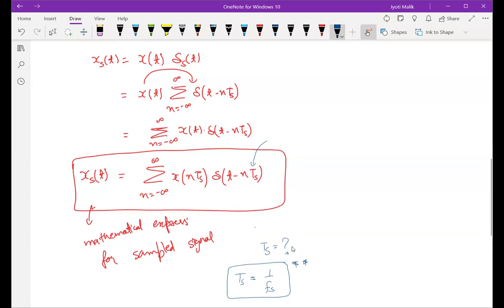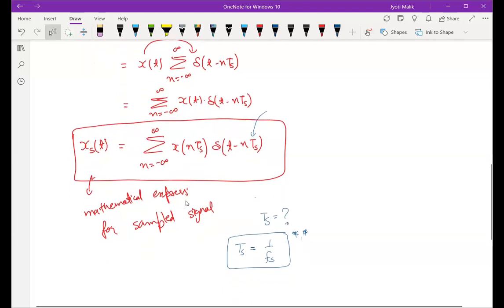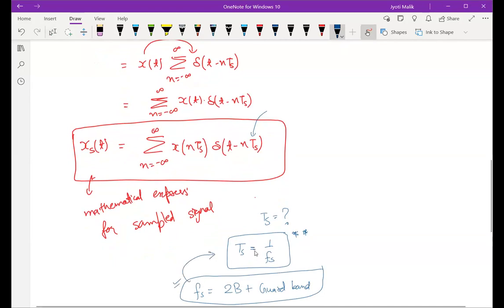That was the minimum value, but the actual value was fs equal to 2 times the bandwidth plus the guard band. This was the way to find the sampling frequency, and using this you can find the sampling interval. This will be required here and here.